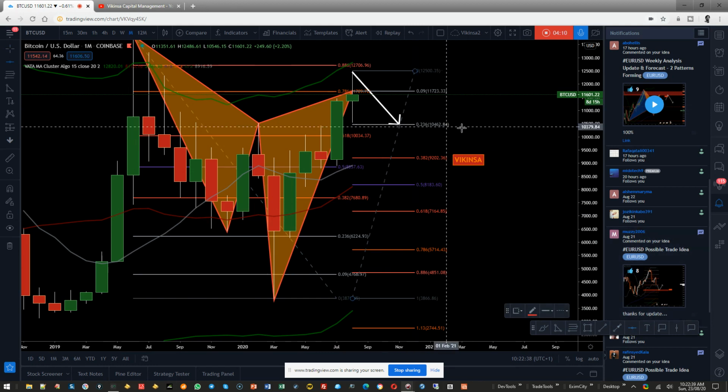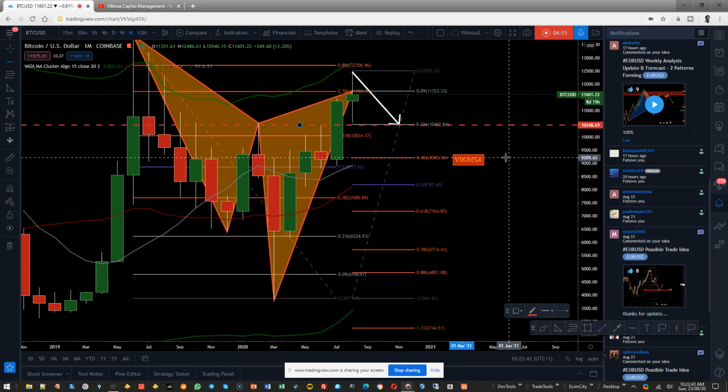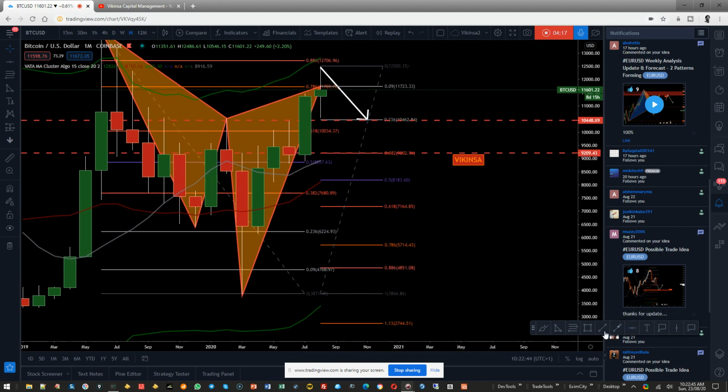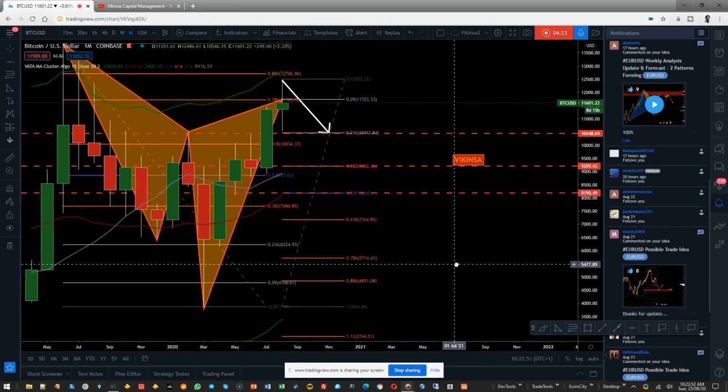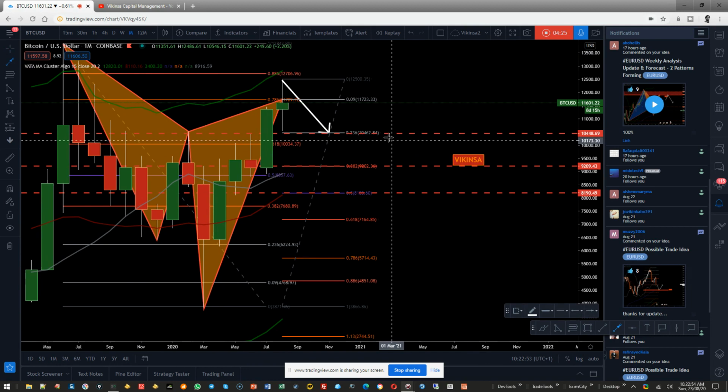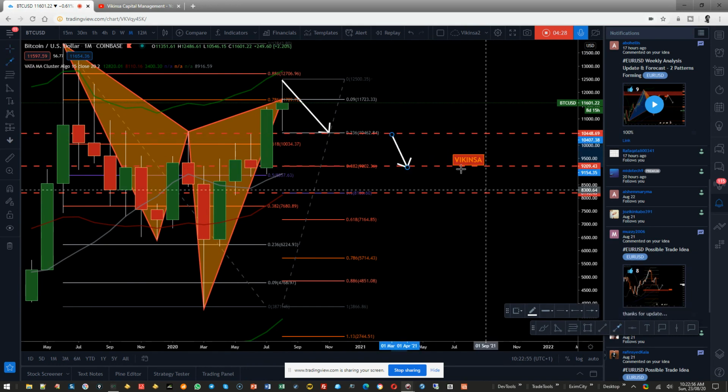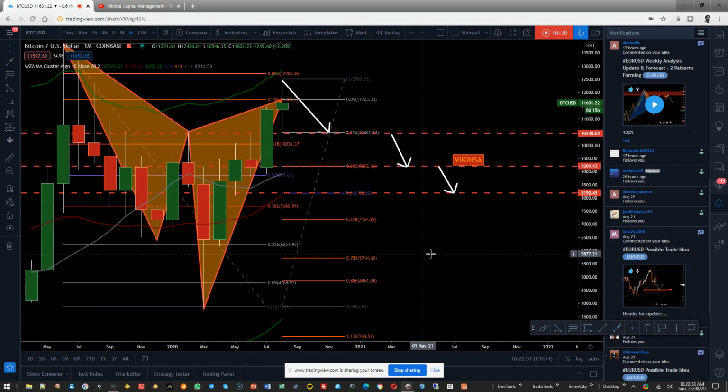Then the second level is going to be around here at 38.2. And if the market keeps falling even after that, then we are looking at around here. These are the levels we are going to monitor for short positions.